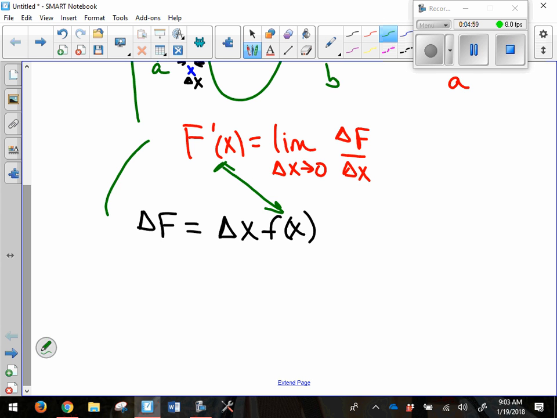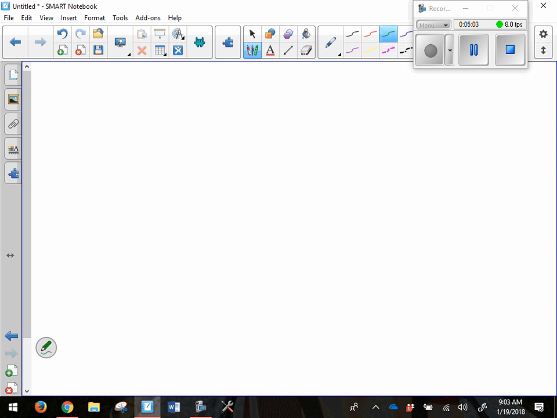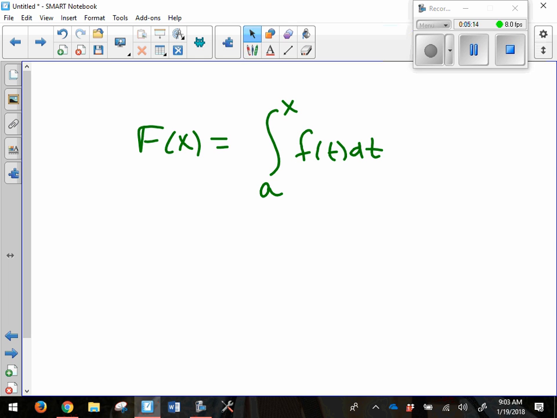Okay, so let's back up a minute, because this is really the point I want to make. We had that capital F of x was equal to the integral from a to x of f of t dt.